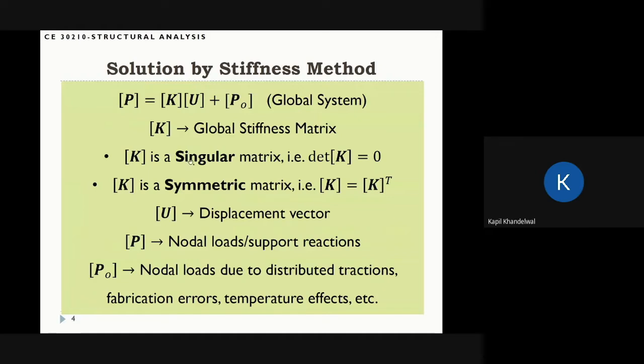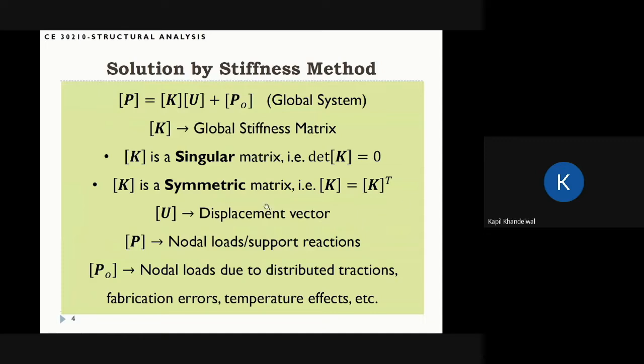So the important thing to remember is K is a singular matrix, so the determinant of K is always 0. And the other important thing you want to remember is K is a symmetric matrix. So if it's a symmetric matrix, it turns out that you don't have to calculate all of K. You can just calculate the upper half or lower half of K, and then you can use the same entries in the rest of the matrix.